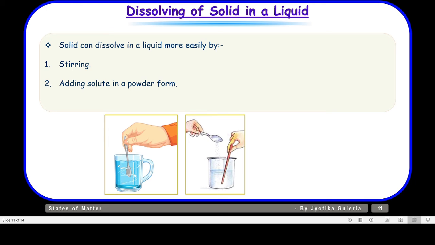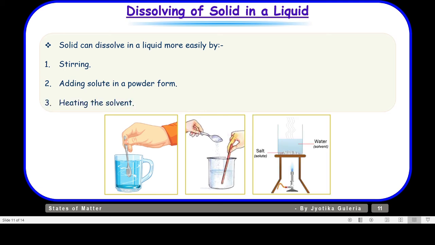If you take heavy granules, big particles, then definitely they will take time to dissolve, but a powder form will definitely speed up the process of dissolving. Or another option is that you heat the solvent. We know that on heating the particles start moving away from each other and therefore allow the solute to get mixed with the solvent at a faster rate.